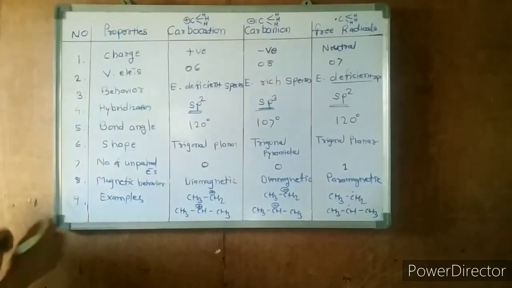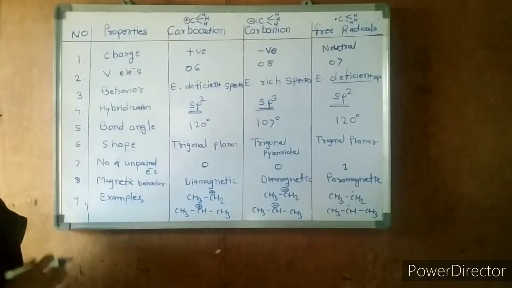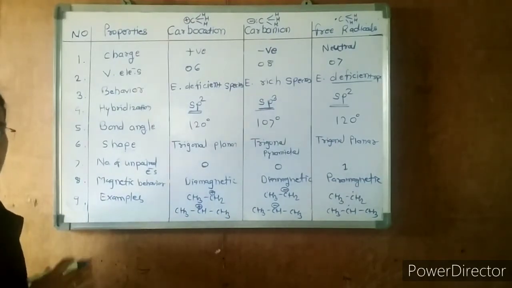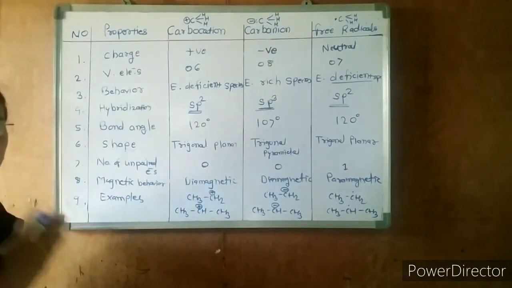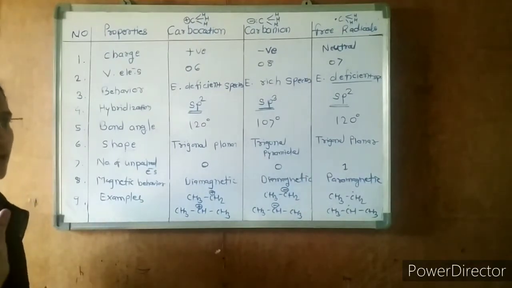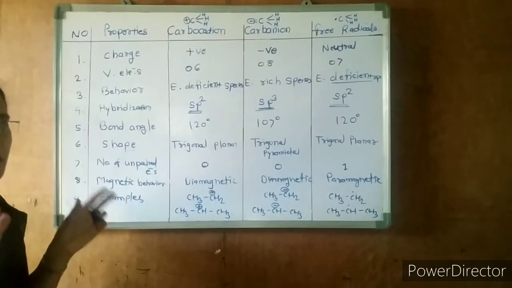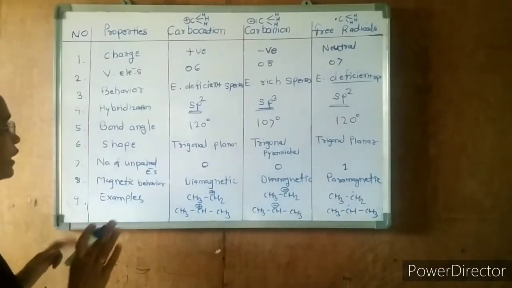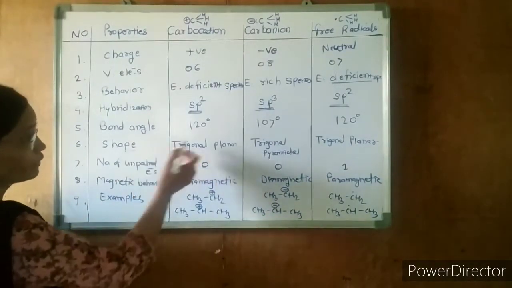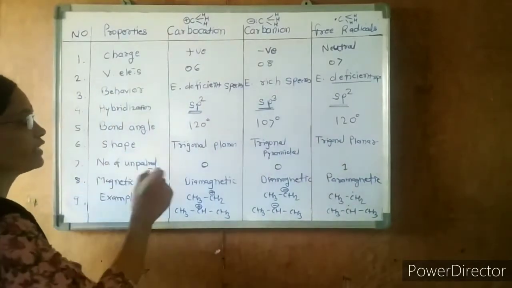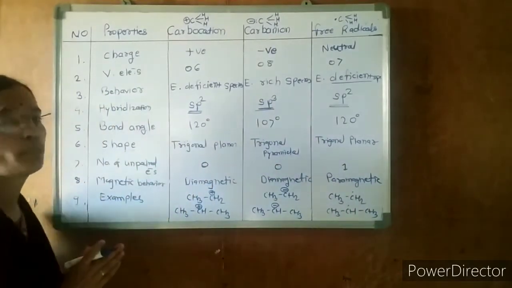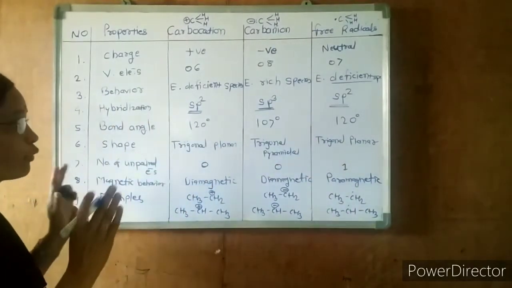Now I explained to you that the geometry and shape will be different if lone pairs are present in the molecule. If lone pairs are not present, then geometry and shape are the same. Here, if the hybridization is sp2, the shape is trigonal planar.